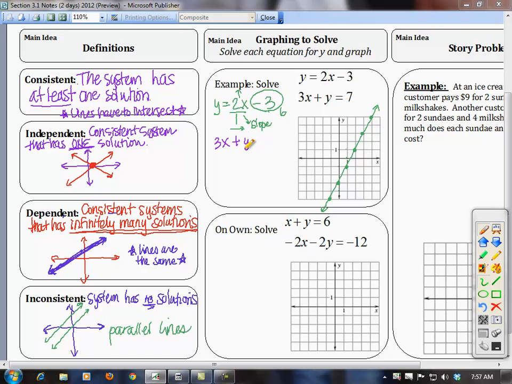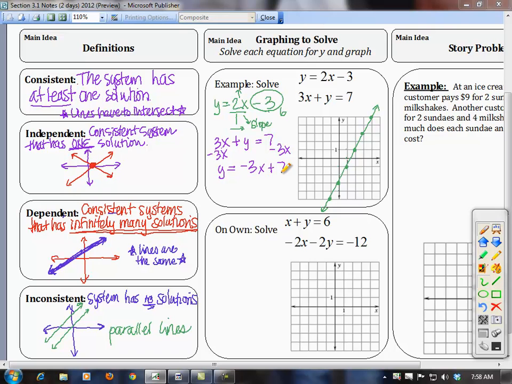So 3x plus y equals 7. I need to make it where y is by itself to be able to graph it. In order to do that, I need to move the 3x to the other side. Since the 3x is positive, I'm going to subtract 3x, and I get y equals -3x, and then my 7 was positive, so plus 7.